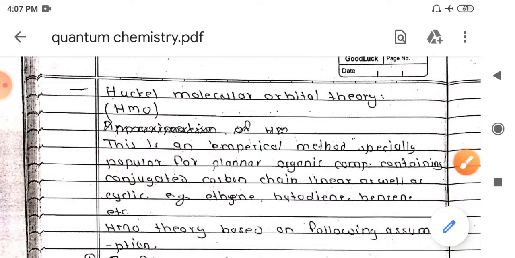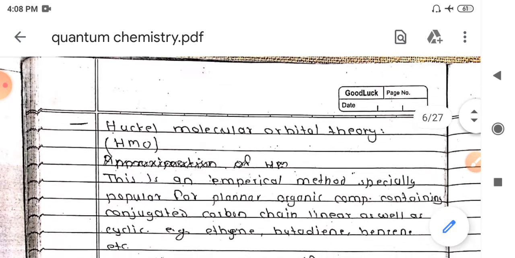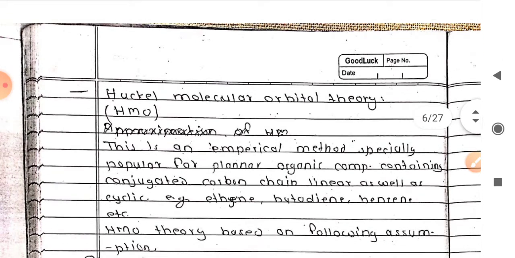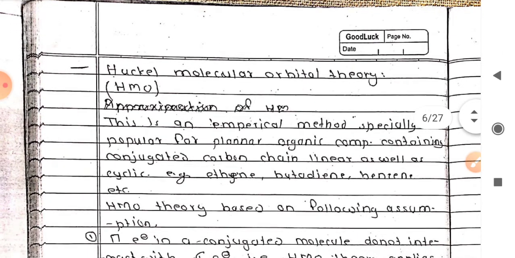By using certain approximations we will try to obtain the solution for a given system. We will see ethylene, then 1,3-butadiene and benzene, and we will try to obtain the wave equation for all these systems, plot their wave functions, and finally find the resonance energy.